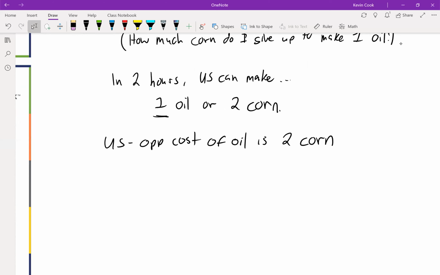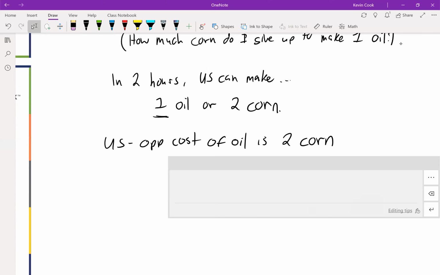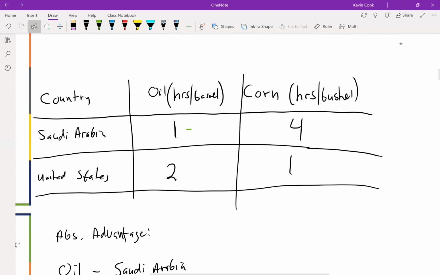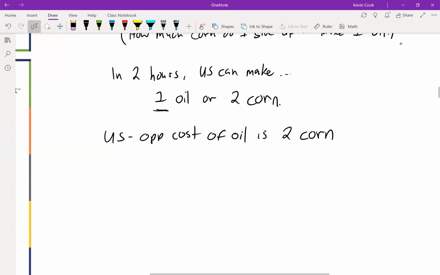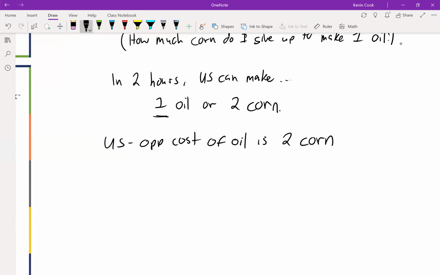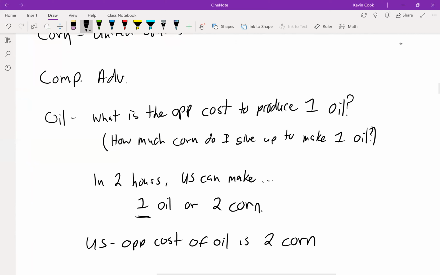However, on the other side, when we think about Saudi Arabia, we're going to think of it the same way. But with Saudi Arabia, I'm going to think about it in 4 hours, and you'll see why in a moment. It's going to work out to give us the same. In 4 hours, Saudi Arabia can make either 4 oils or 1 corn.